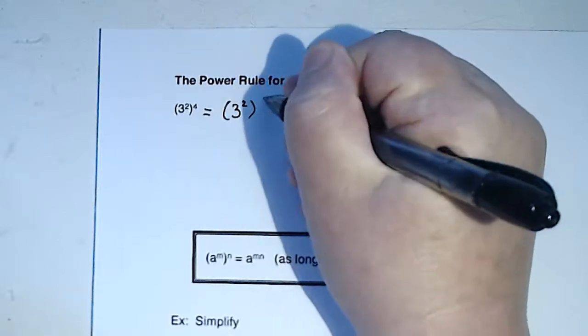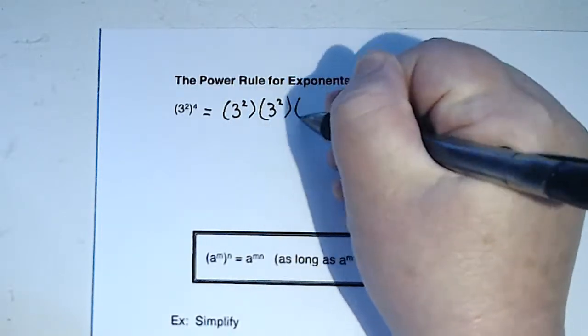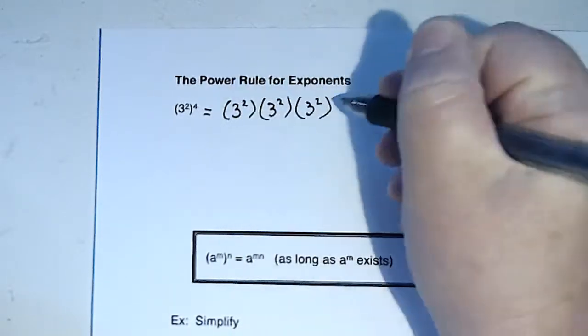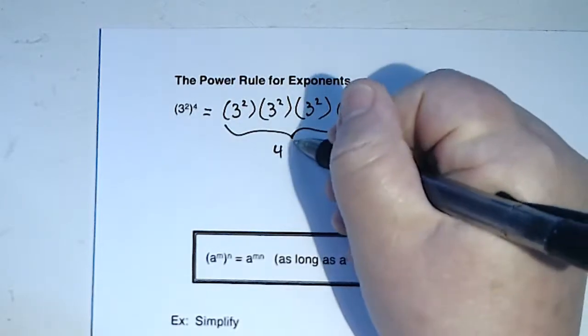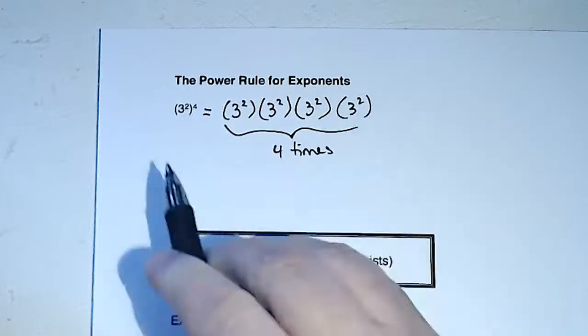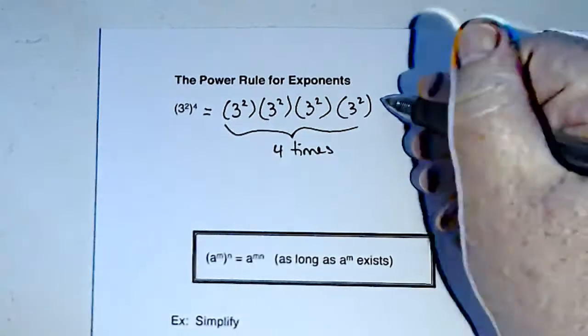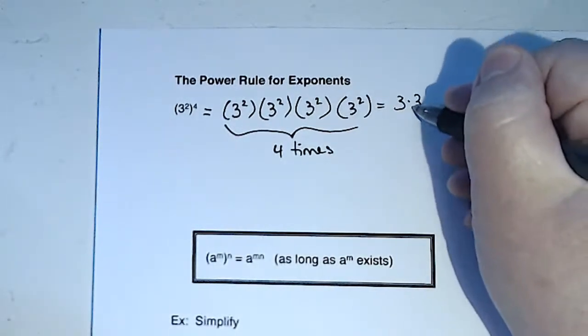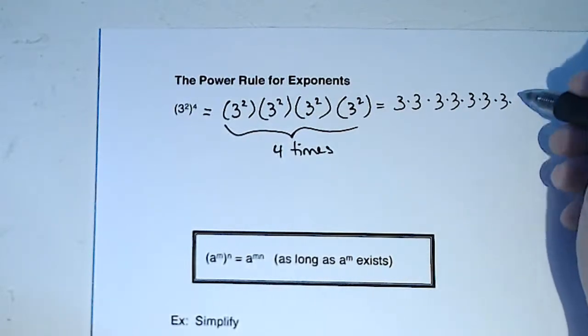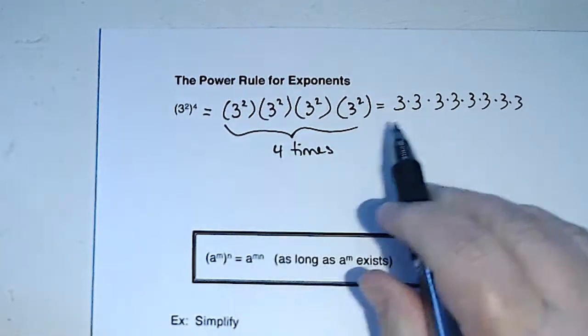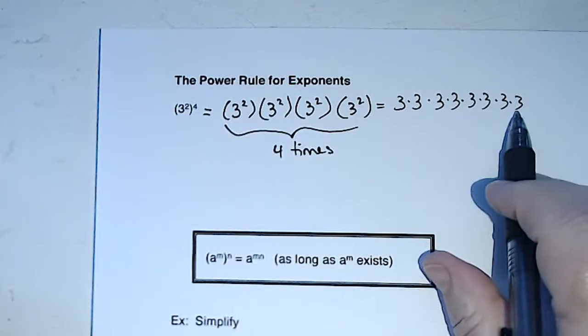It means I've got 3 squared written 4 times because it's raised to the 4th power. Or in other words, I've got 3 times 3 times 3 times 3 times 3 times 3 times 3 times 3.